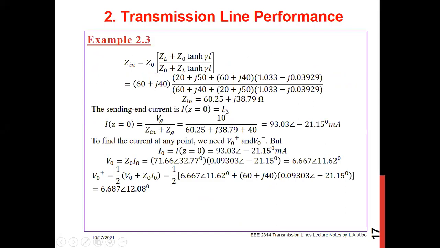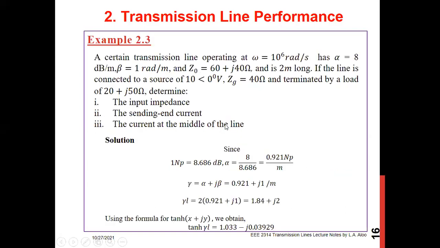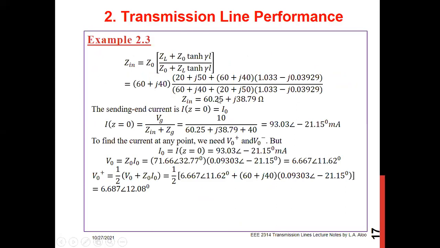Now the sending end current means the value of current when Z is equal to 0, and it is the I naught. It will specifically be given by this formula, the generator voltage VG divided by Z in plus ZG. We've been given the value of the source voltage as 10 at an angle of 0 degrees. So we can just drop that angle and simply say 10 over Z in, you get it from here, plus ZG.